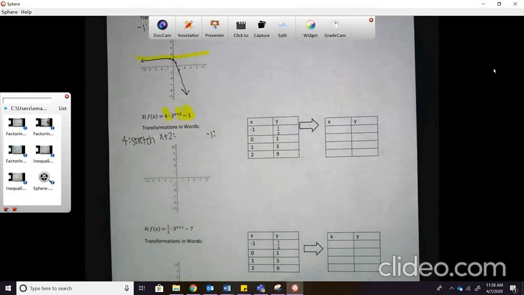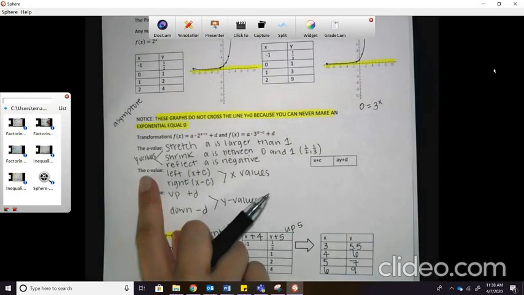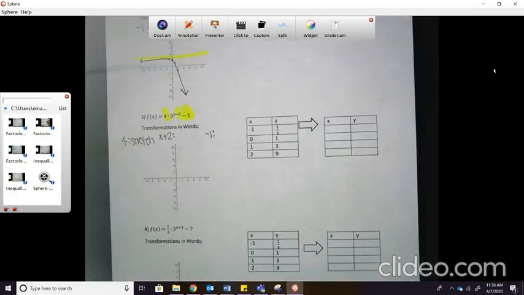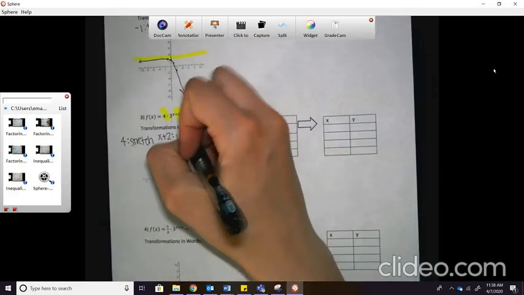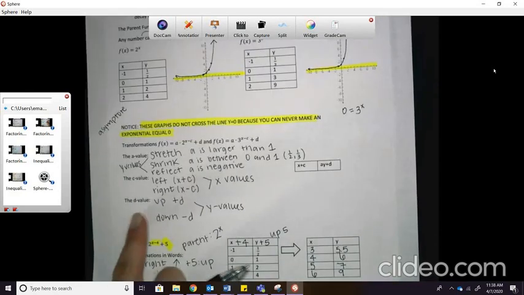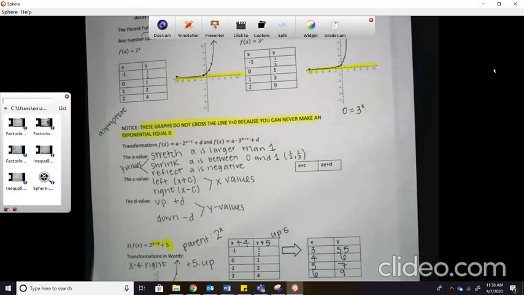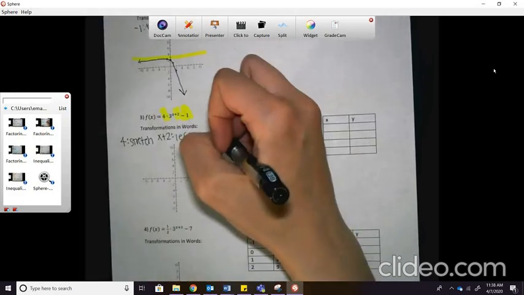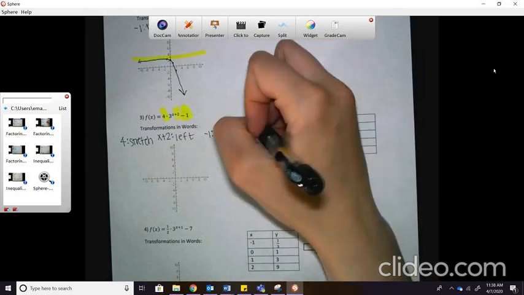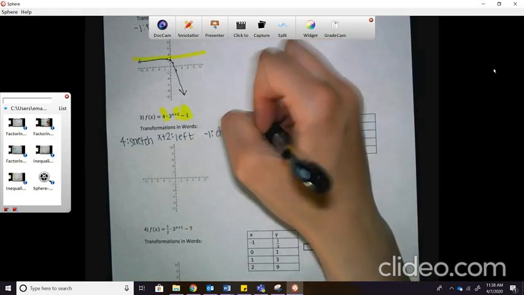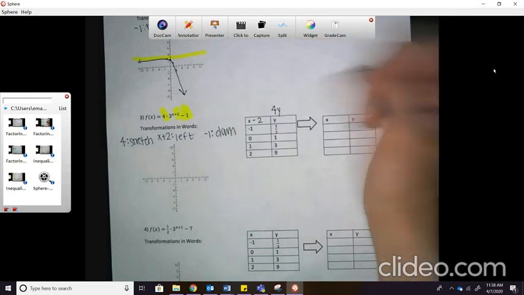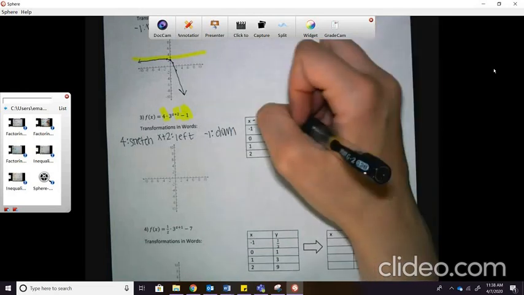X plus 2, that is a C value. Plus means left. And a minus 1 on the end, that is a D value, so we're going to go down. So this means I'm going to go left. So I'm going to subtract 2 from my x's. I'm stretching my y's and moving them down.